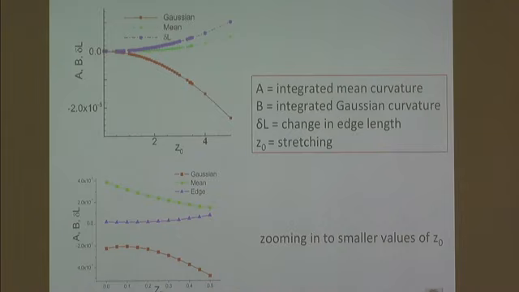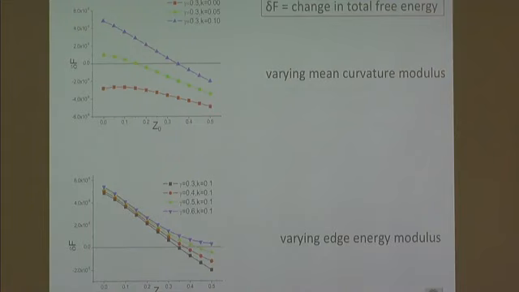The change in the edge length just grows as a function of z naught. And then also the Gaussian curvature energy will increase in absolute value, becoming more and more negative. What is certainly less obvious to me, but it's easy to calculate, is that the mean curvature energy is positive, obviously. It's positive definite, but will decrease as a function of z naught. So now, what this says for the change in the total free energy is the following.